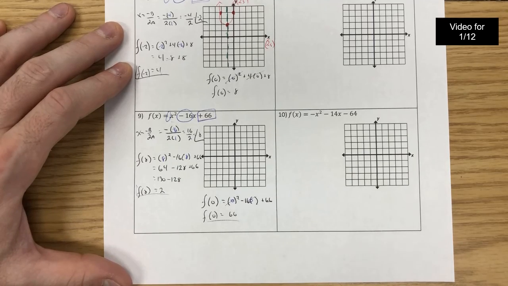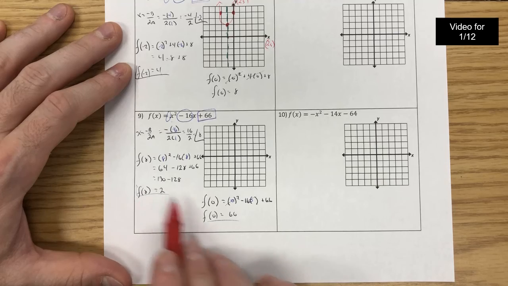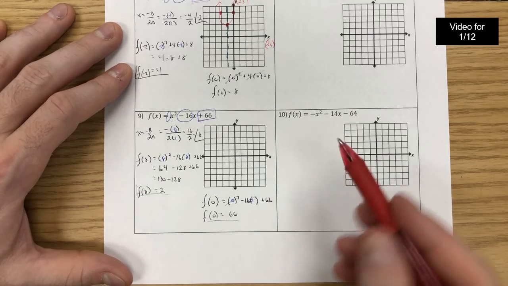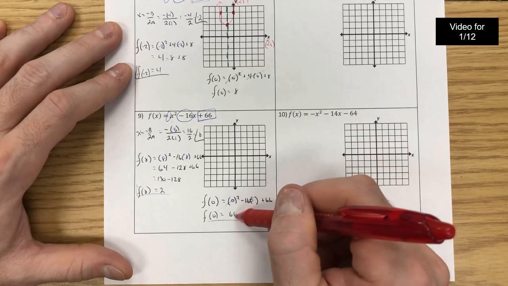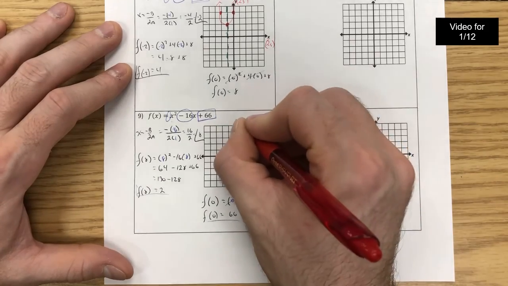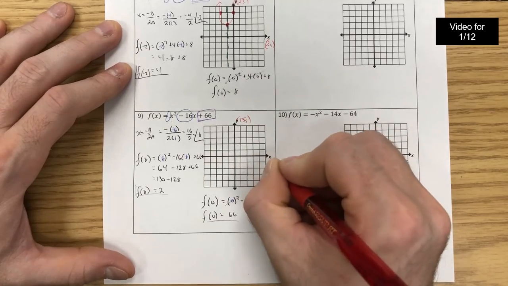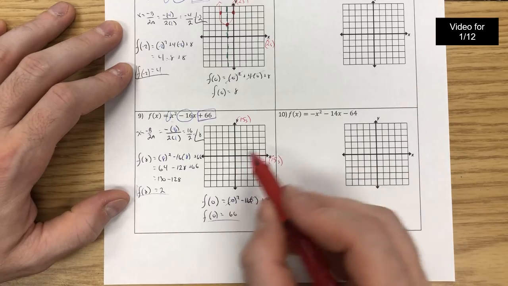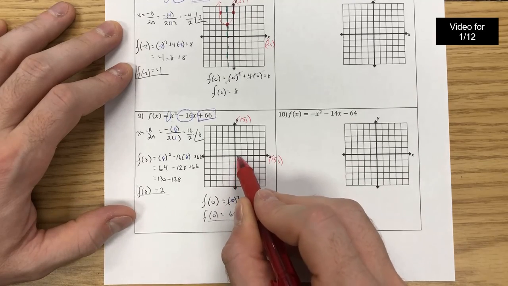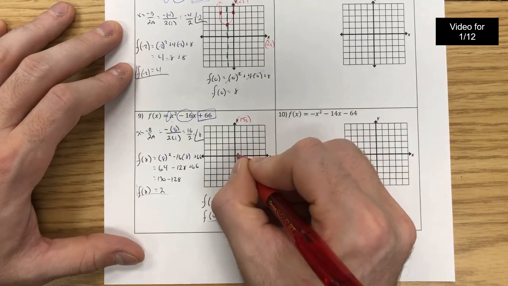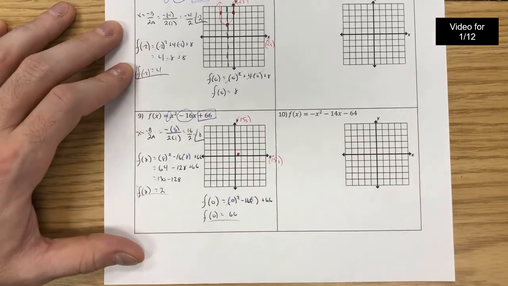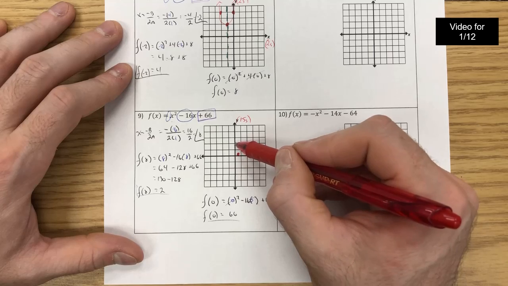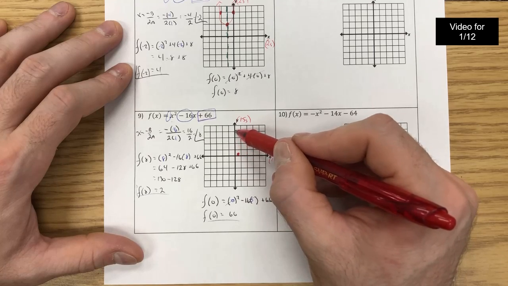But regardless, we need to be able to fit 8, 2, and 66. So that means I'm going to have to count more than by 10s. I'm going to have to count by, let's say, 15s. This is going to be a really messy graph. So 8, 2. So 8 is going to be about halfway. 2 is going to be just barely above the line. 66, okay, so 15, 30, 45, 60.